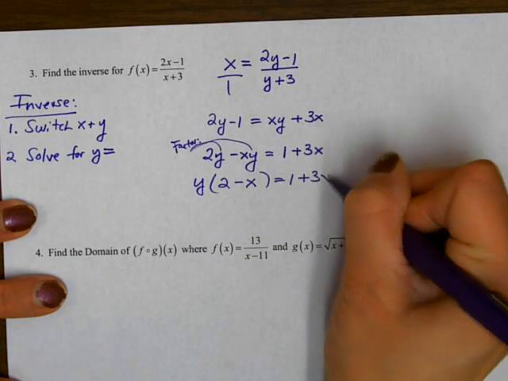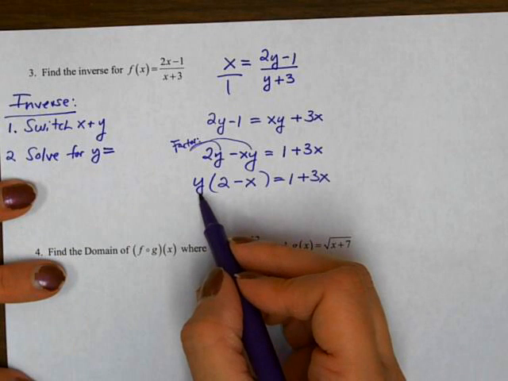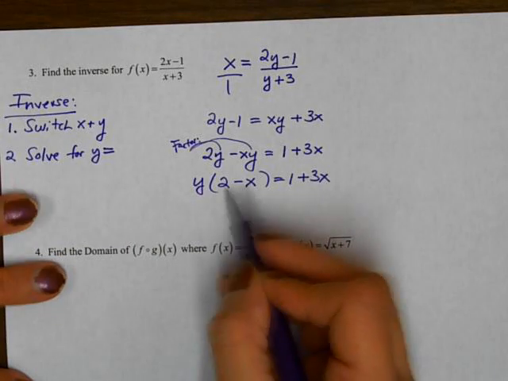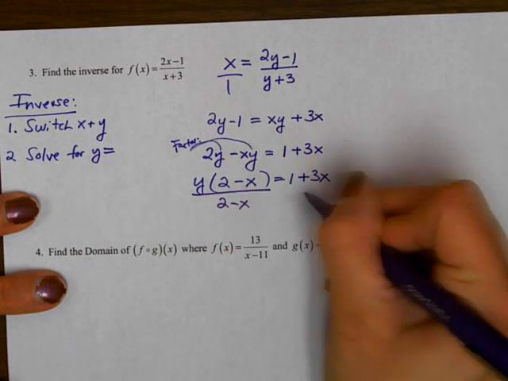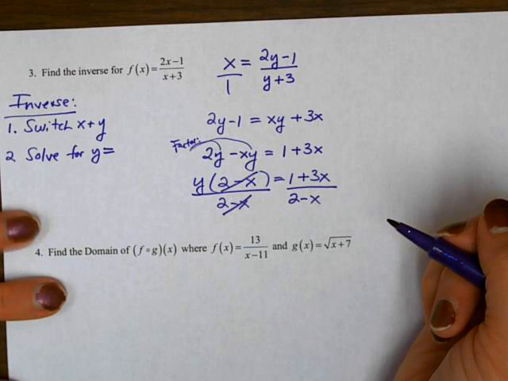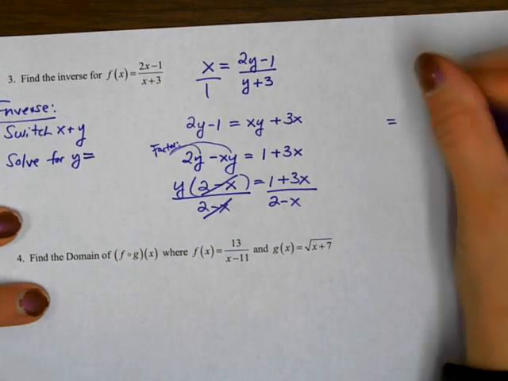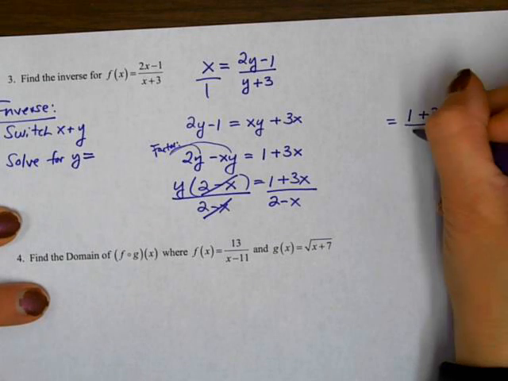Okay, that's great. But how does that make it be y equals? How is the y going to get alone? How do I get this expression out of there? You divide by it. Divide by it. Gone, gone. Okay? And so I've got an answer of 1 plus 3x over 2 minus x.